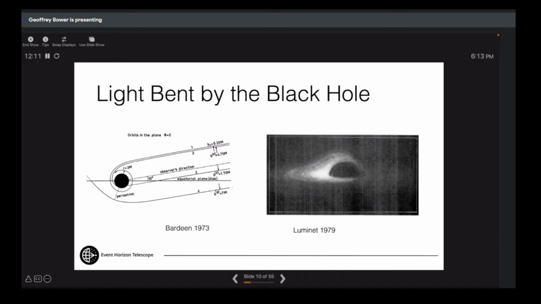The first simulation predicting an image was made by Luminet, and it was a computer simulation, but the rendering here is actually a hand drawing based on the output of that simulation, because he lacked the capability of doing a computer rendering of his simulation results. It's certainly a testament to how far this science has advanced in 40 years.